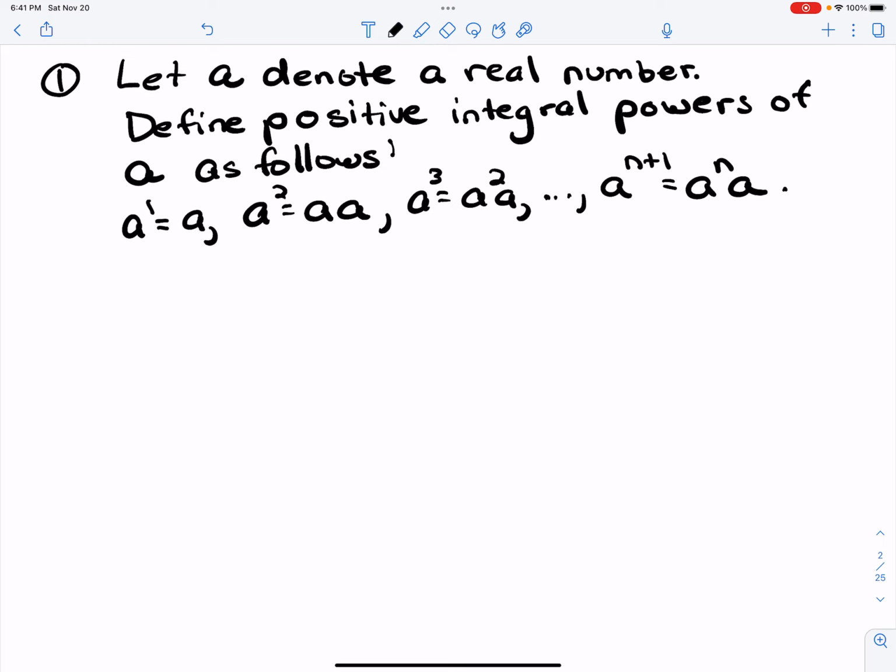So that's not what we're trying to prove yet. We're trying to prove that A to the m times A to the n equals A to the m plus n for all positive integers m and n.